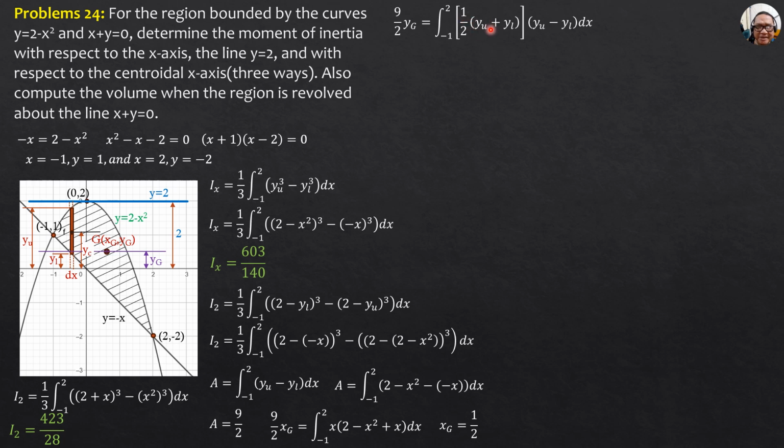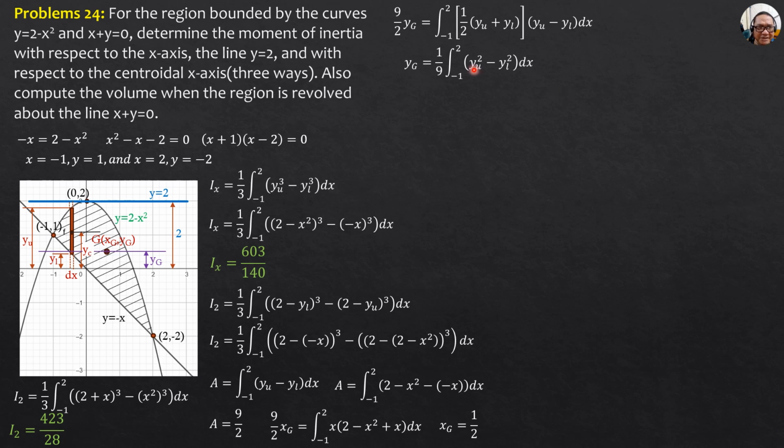So this is y sub c, the y coordinate of the centroid of this vertical strip. Of course, you know that, rectangle. Then differential area, upper y minus lower y dx. Simplifying, canceling out 2, yg is 1/9 integral of upper y square minus lower y square dx.